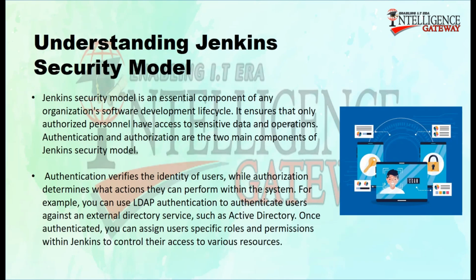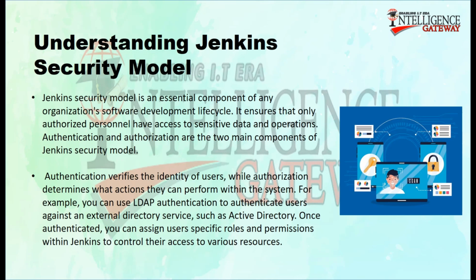Understanding Jenkins Security Model. Jenkins Security Model is an essential component of any organization's software development lifecycle. It ensures that only authorized personnel have access to sensitive data and operations. Authentication and authorization are the two main components of Jenkins Security Model.